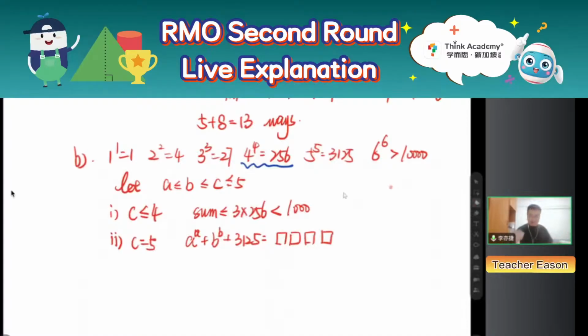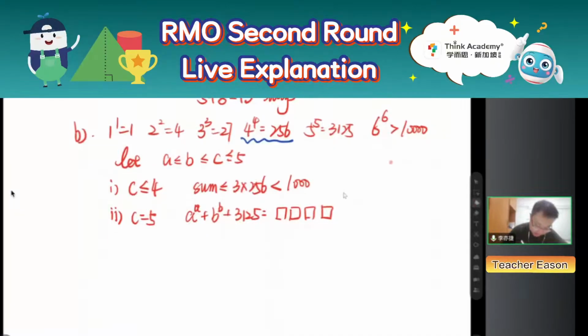Then secondly, we discuss B. Now first, can B be 5? If B equals 5, then the sum is larger than 6250, so the thousands digit is larger than 6. But we already know that all the digits used here from A, B, C cannot be larger than 6, so it's impossible.